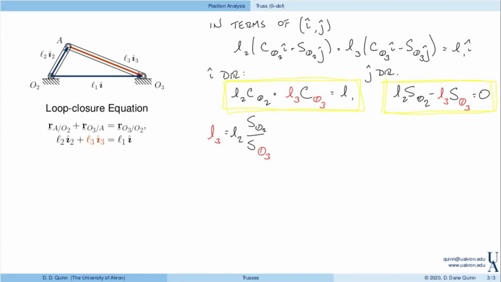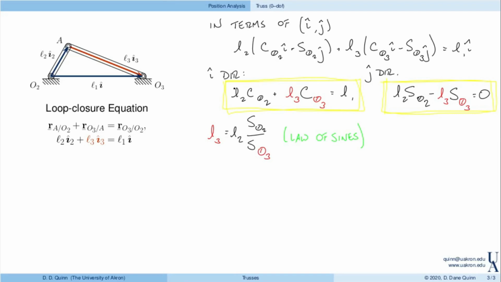And you may recognize this as the law of sines. A lot of these trigonometric formulas fall out naturally from the things that we're doing here.